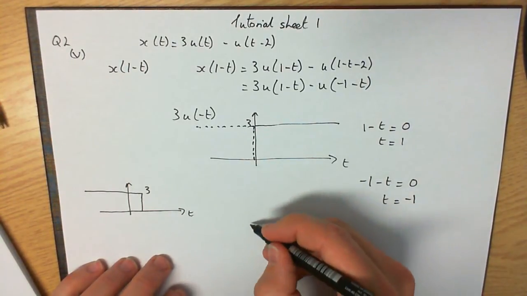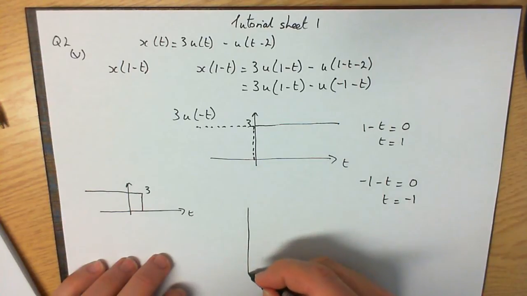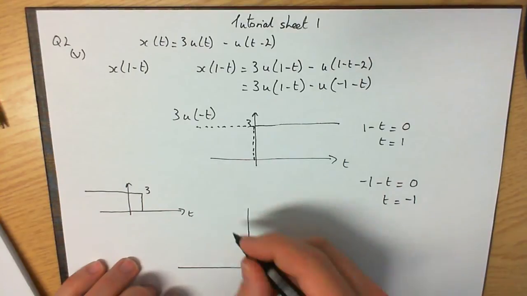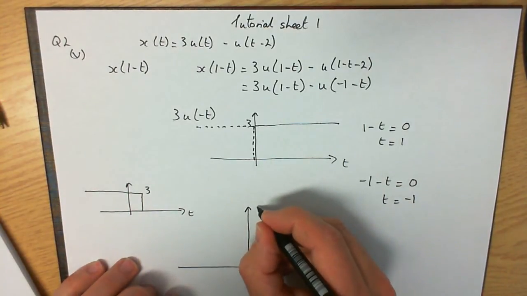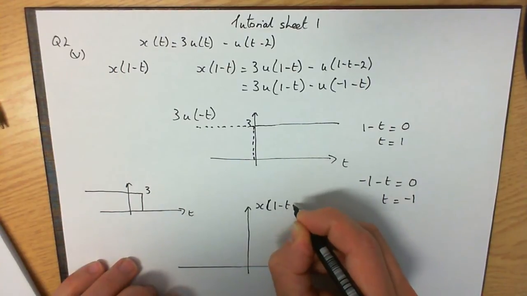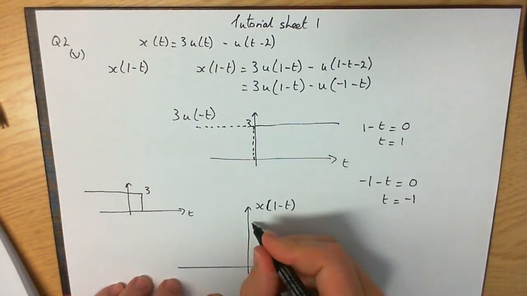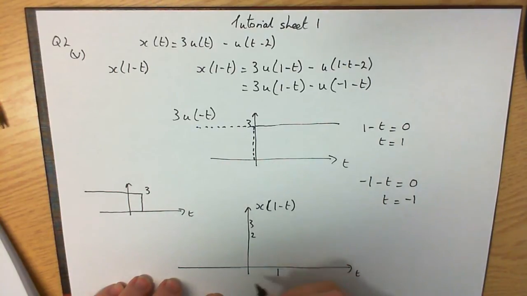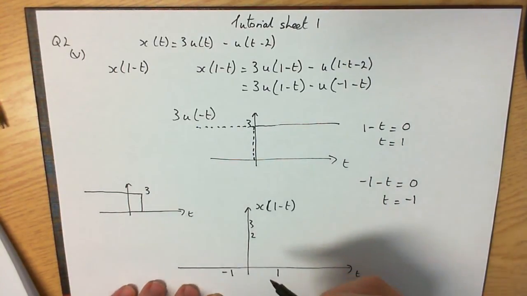So if we add all that together, we're going to get a function that varies with time. This is x of 1 minus t, with values 3, 2, 1, minus 1.